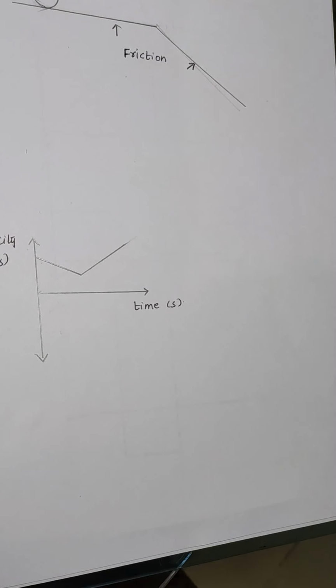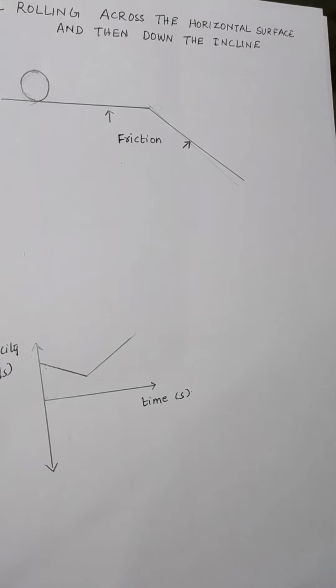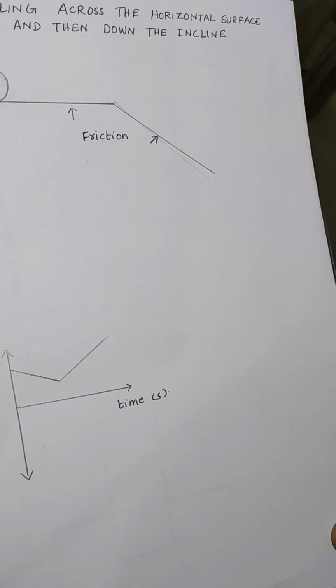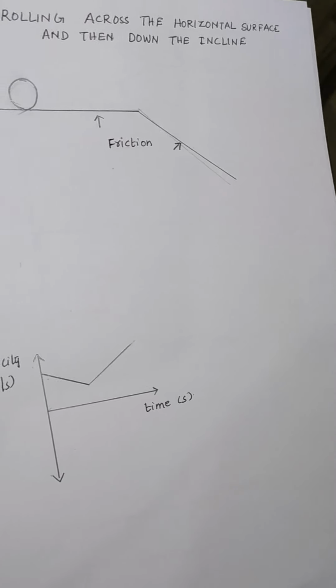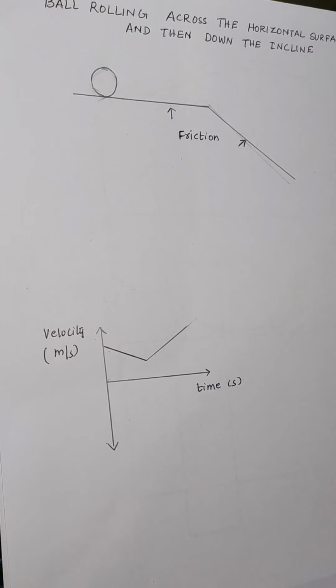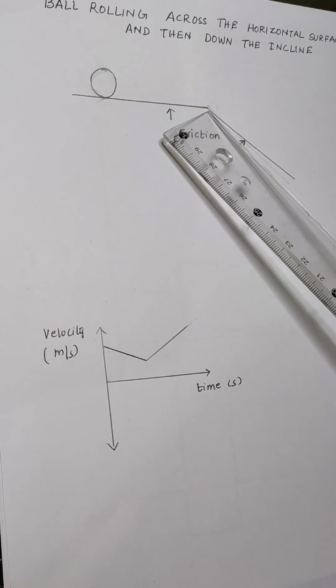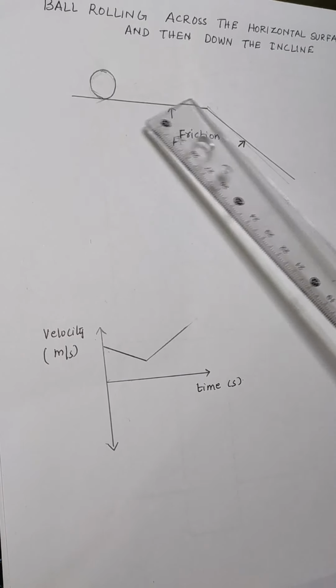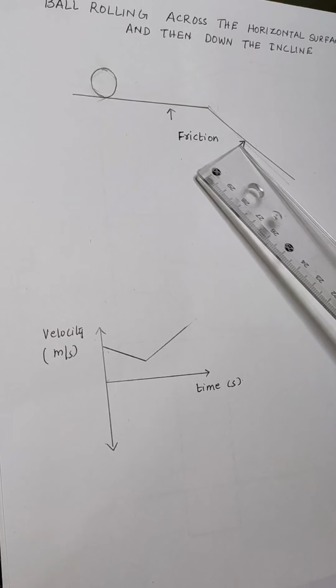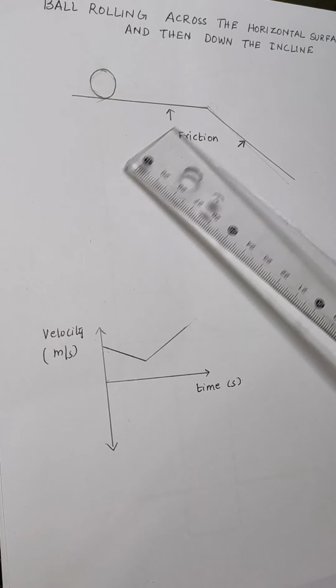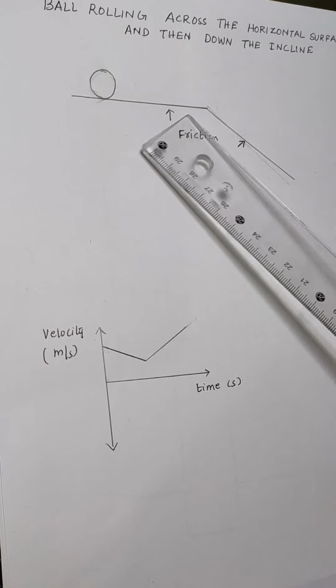Let us take another example. That is when a ball is rolling across a horizontal surface and then down the incline. See, here this is the horizontal surface. Here it is showing that there is friction. So obviously some of the energy will be wasted.